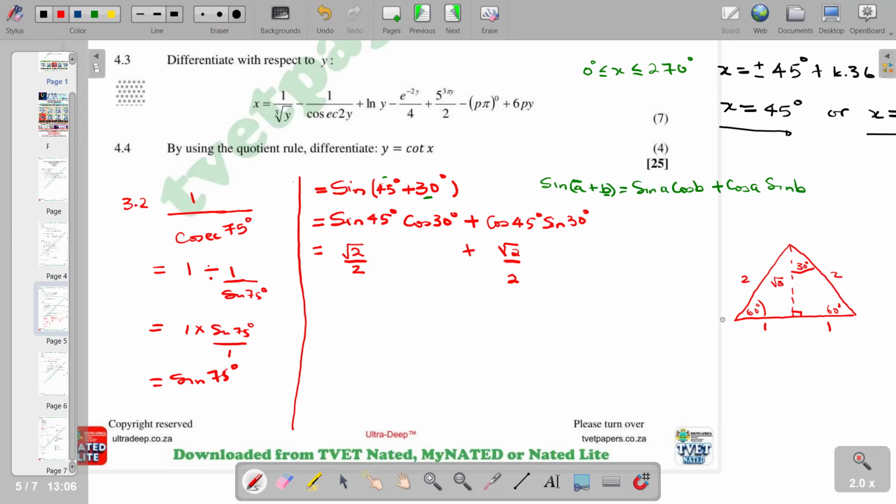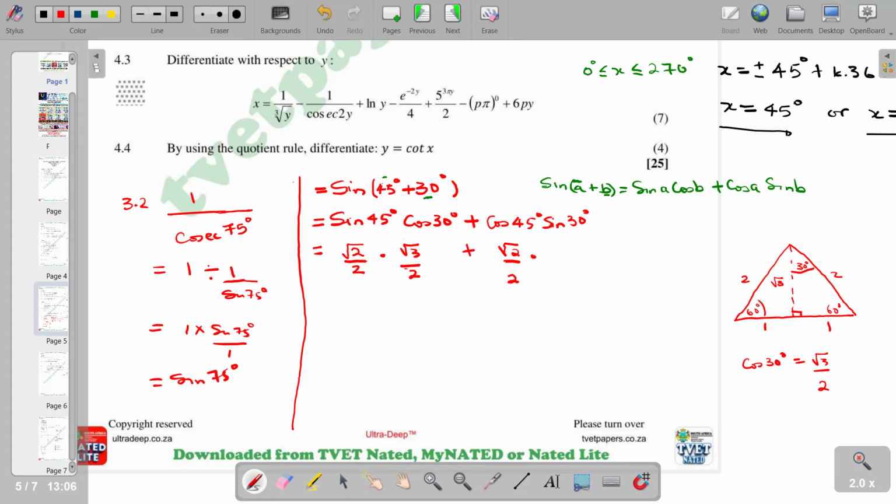So cos 30 degrees, we know, is adjacent over hypotenuse, which is root 3 over 2.